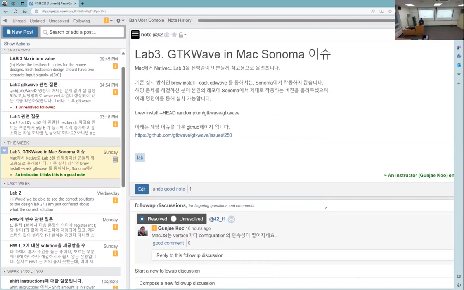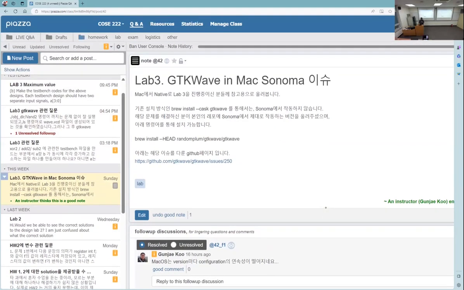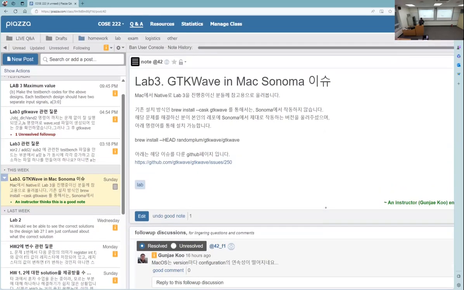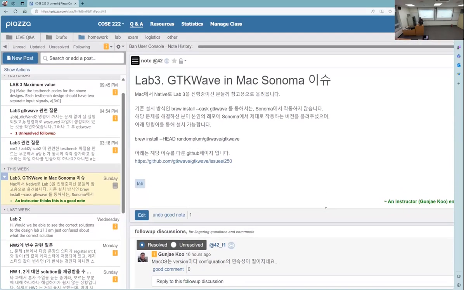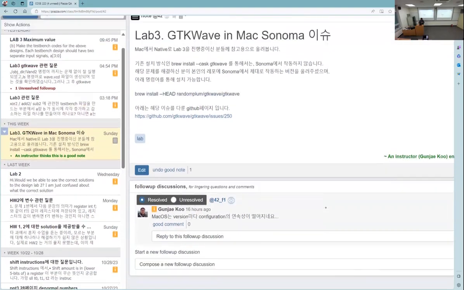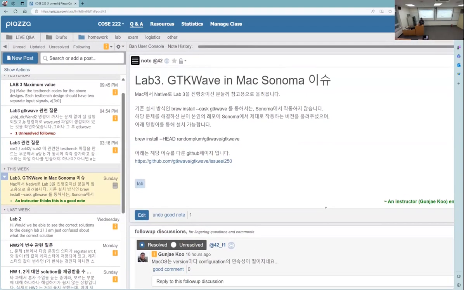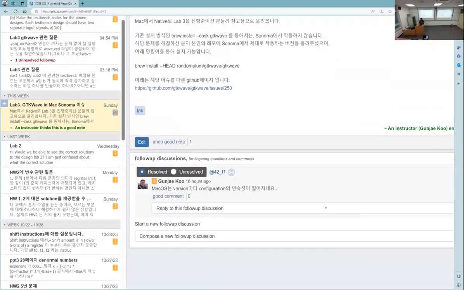I mainly use Windows or Ubuntu, so I don't know about some issues on Mac or the newer versions of macOS. So you can just see this information about the GTKWave issues on the Mac operating system.